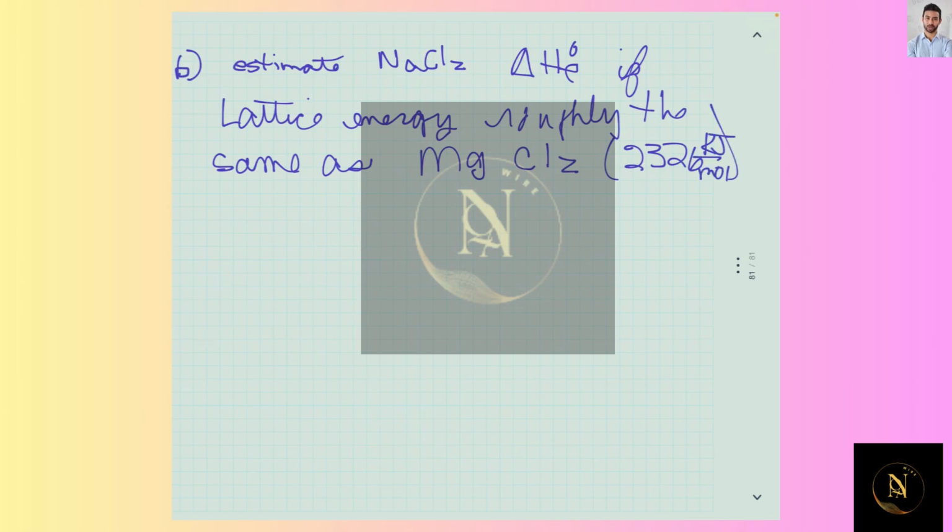We just substitute this value in. So we're going to take our value. Lattice energy is 2326 kilojoules per mole, equals what we had on our previous page, 4,700 minus your heat of formation.